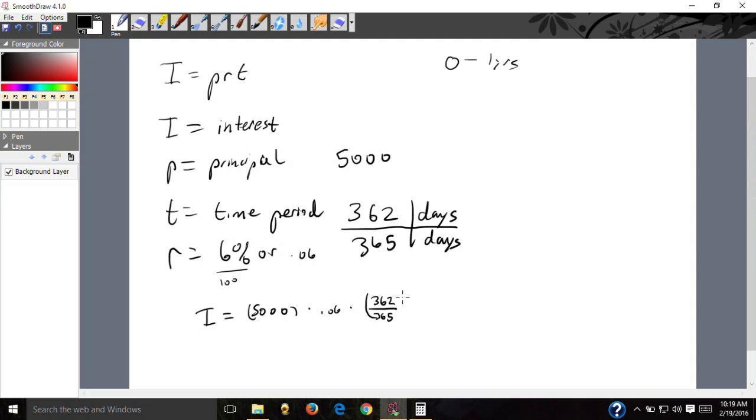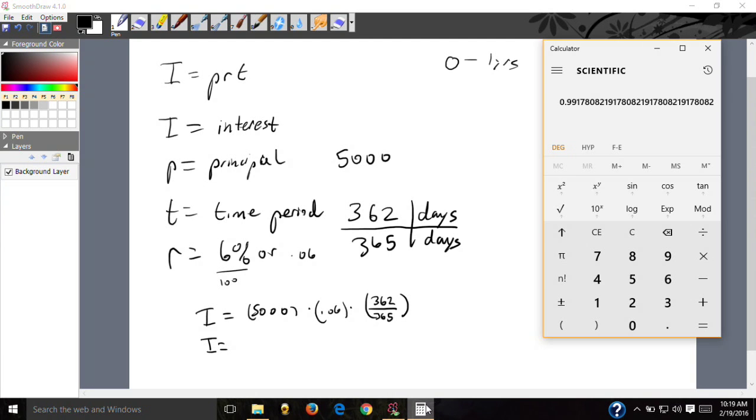What I recommend doing is that whenever you have a fraction like this inside of your finance equations, always do the fractions first and then start multiplying your other numbers. It's a little bit easier that way. So, going back to my calculator, I already calculated out 362 divided by 365.